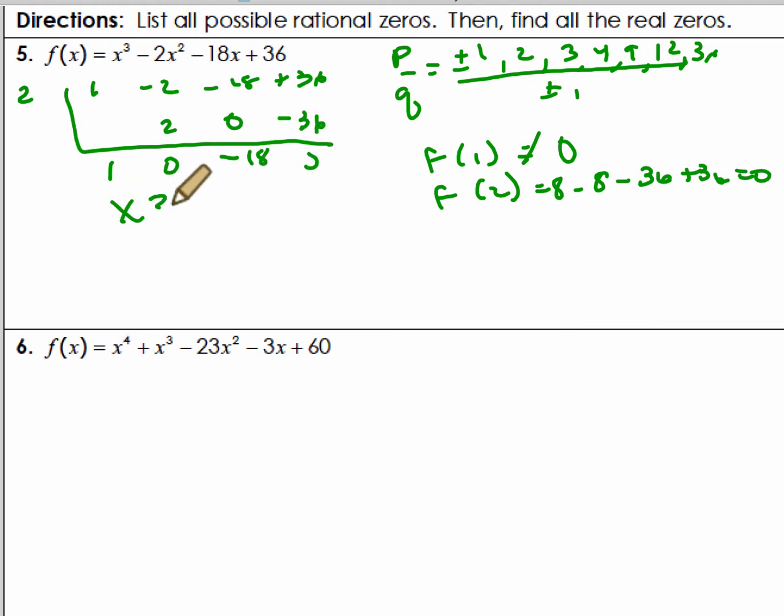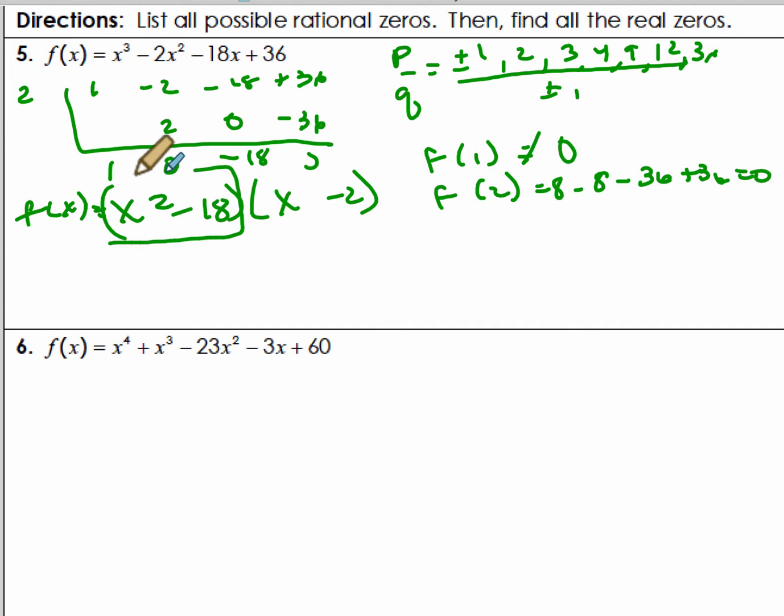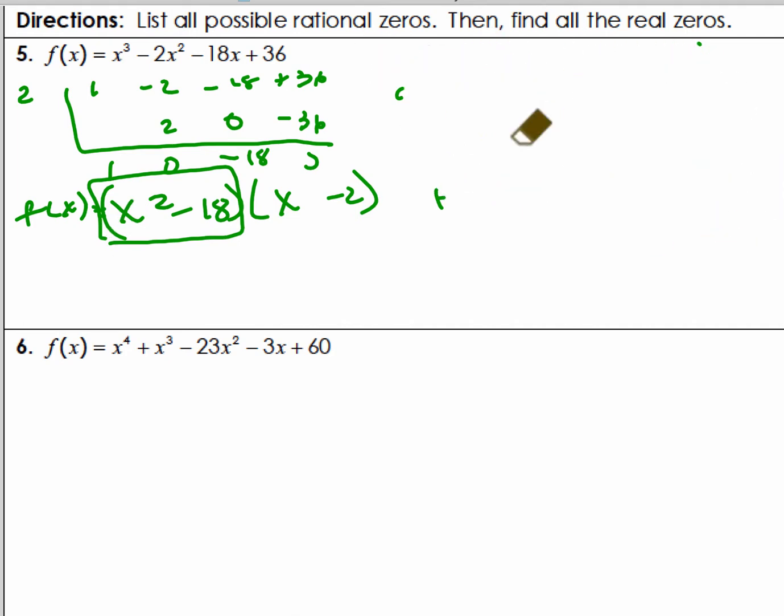So now I have x squared minus 18 times x minus 2 is my factored form. And now x squared minus 18, although I cannot factor it, I can use what I know about solving quadratics. To solve a quadratic, I could use the square root method.